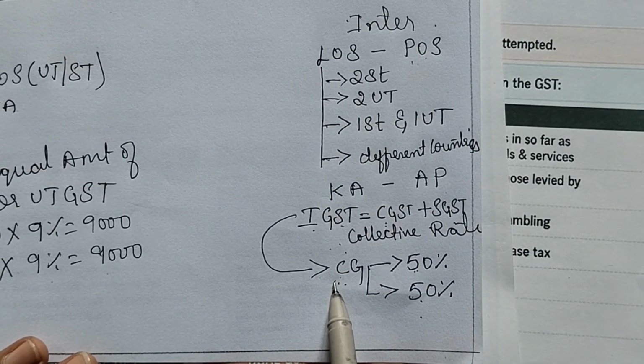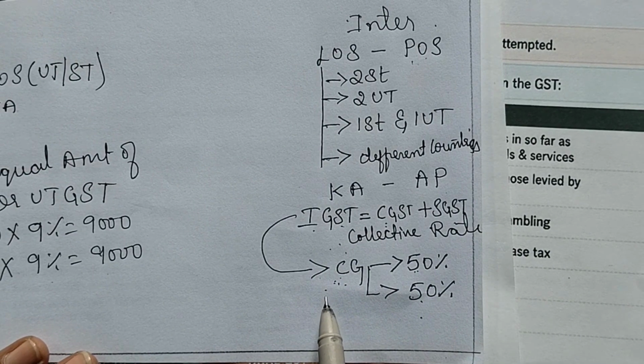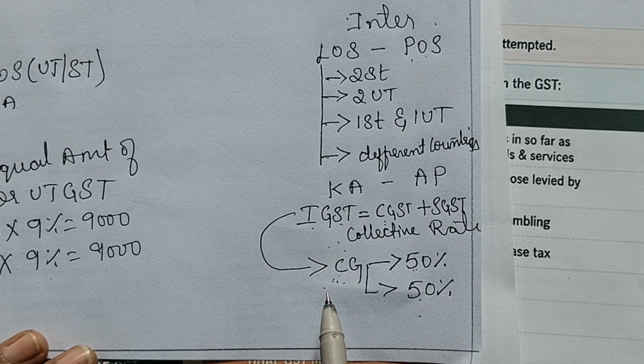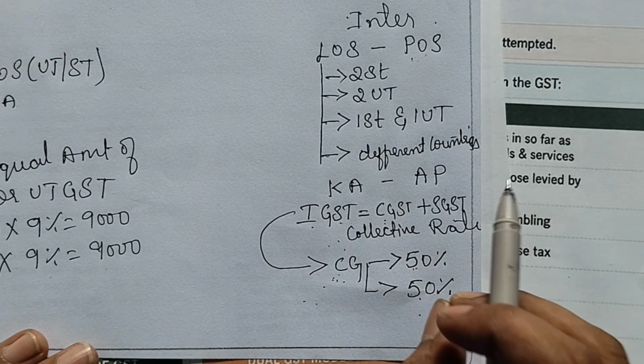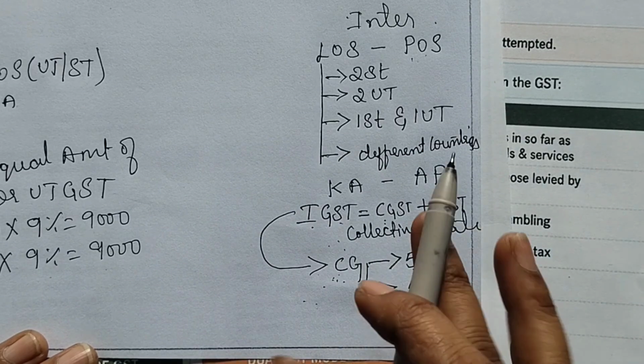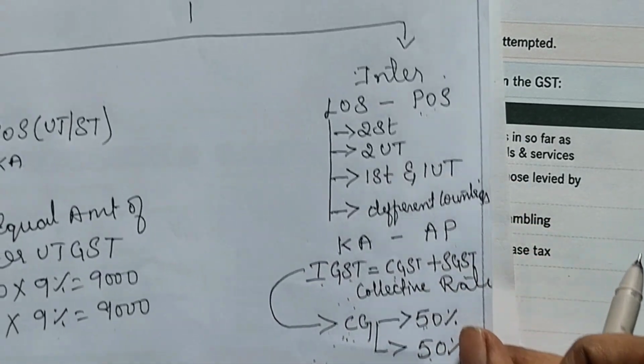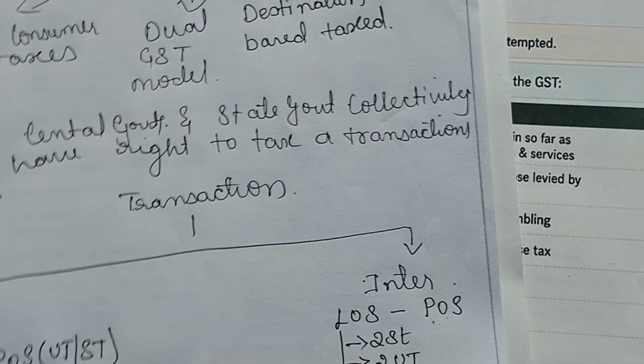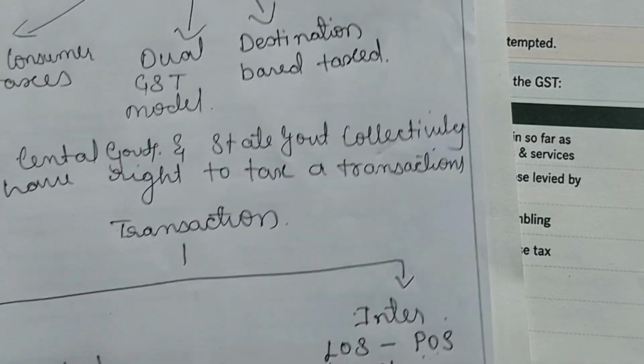The central government. The administration of UTs is done by the central government. They will create a UT account and it will be transferred to that account and used for the respective UT only. Okay. This is about the destination based tax and dual GST model.